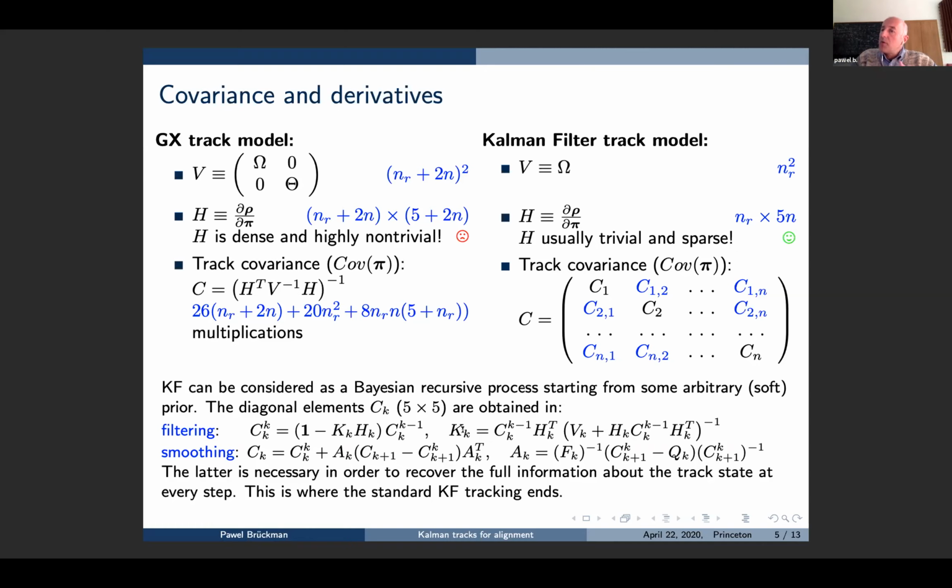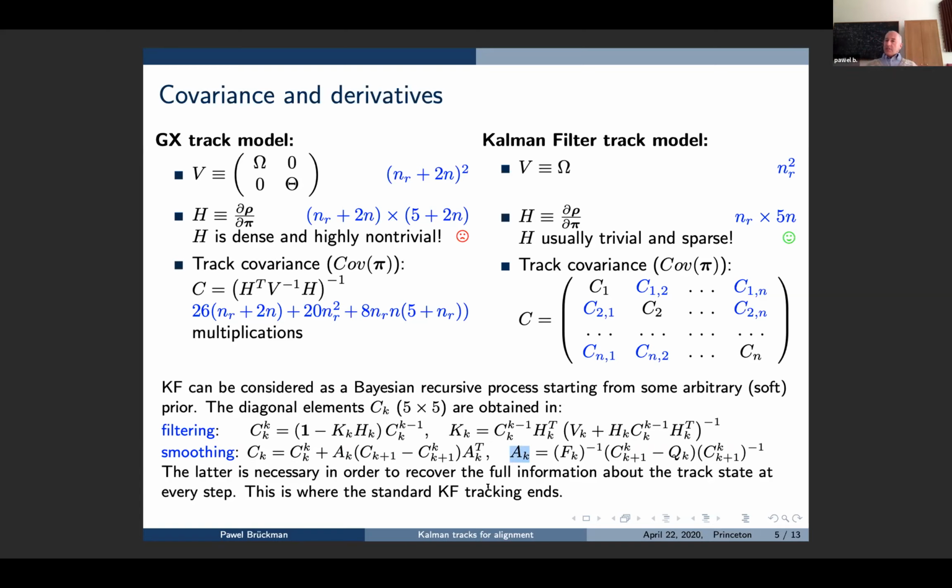And what is very important in tracking is that we are interested in the best estimate of the track usually at the origin of the track or somewhere close to the interaction. Therefore, we have to backpropagate all the information, which is called smoothing, and this is done with smoother gain matrix A_k.